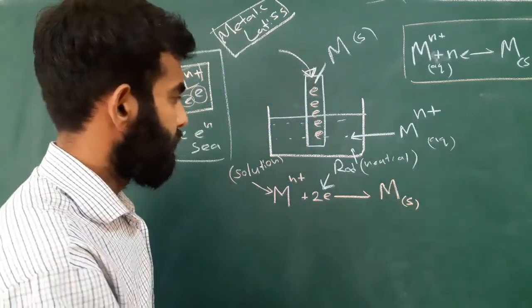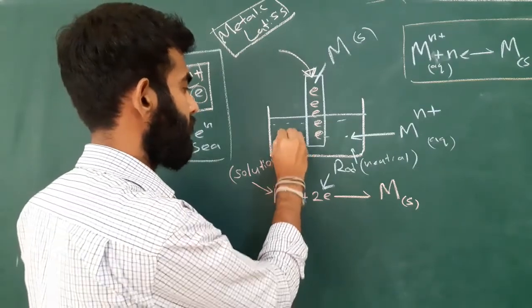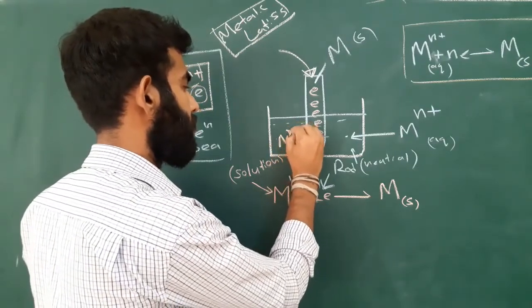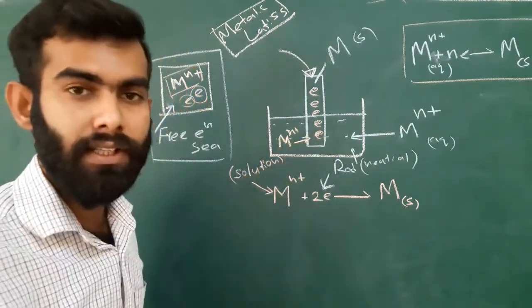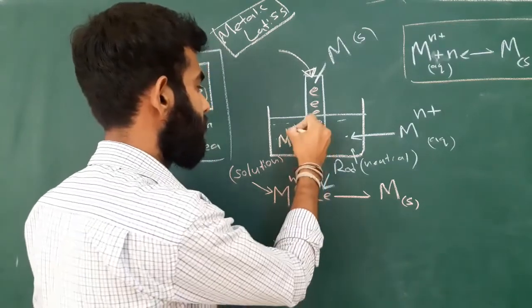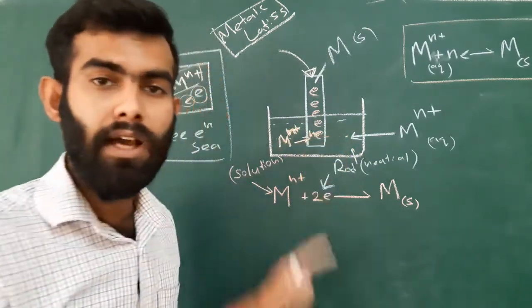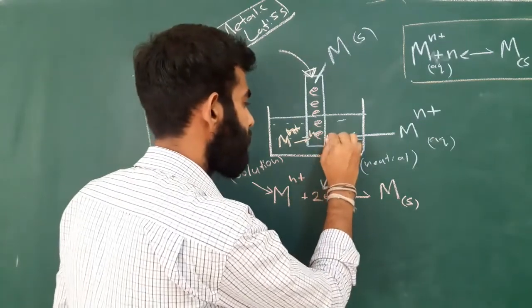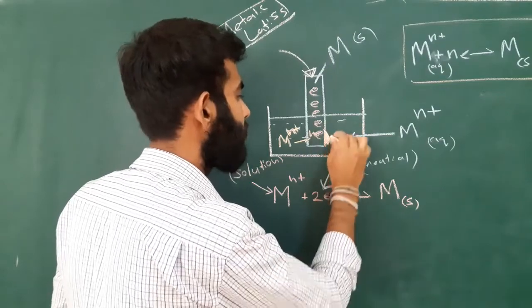So the metal ions in the solution will get n number of electrons, not 2, from this rod, and it will be deposited on the surface of this metal rod. It will deposit.